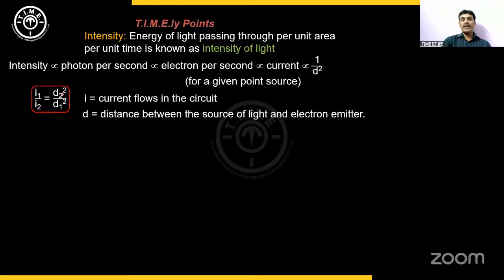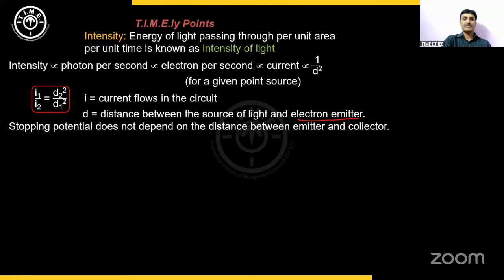From that, I1 by I2 is equal to D2 square by D1 square, where I is the current flowing in the circuit, photoelectric current, and D is the distance between source of light and the metal plate in this case of photoelectric effect experiment. Understood? Remember that relation, that is very much useful for competitive examinations.